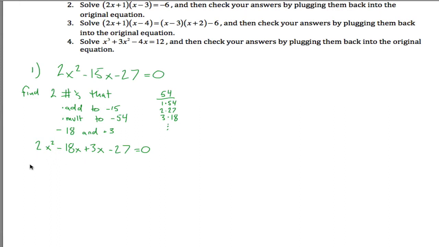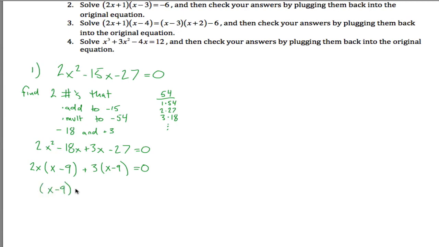So if we take the first two terms, the 2x squared and the negative 18x, and find their greatest common factor, in this case it's 2x, and factor that out, we'll be left with x minus 9. Then look at the next two and find something we can factor out so that we'll be left with x minus 9. In this case it's a positive 3. Now we have two terms and they both have an x minus 9 in them.